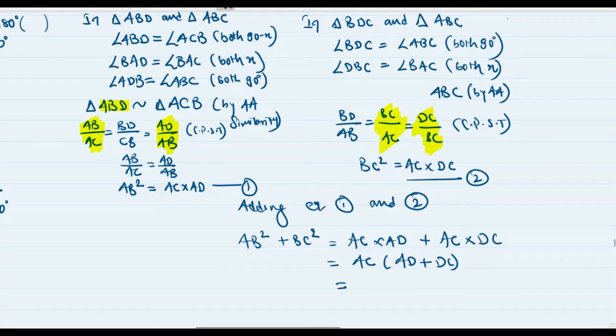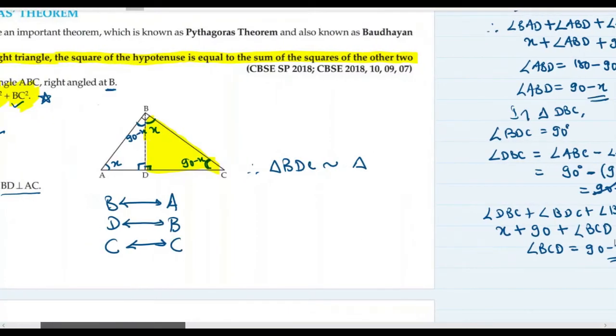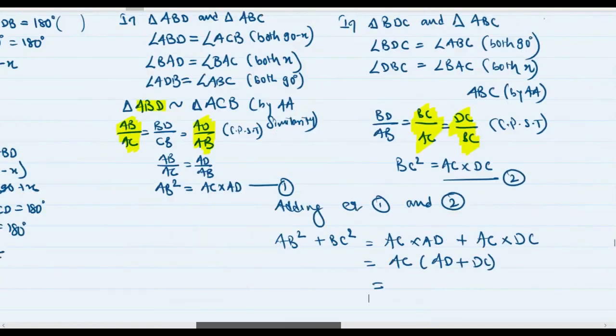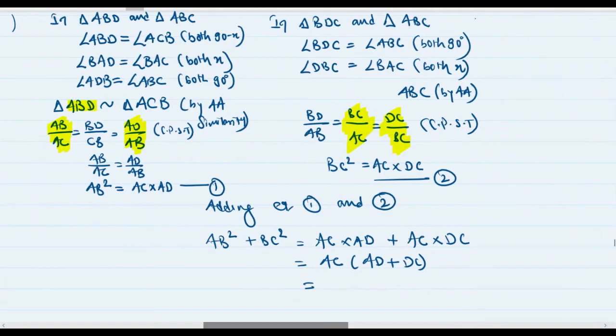Now in the figure, what is AD plus DC? AD plus DC is AC. So this will be AC multiplied by AC, which is AC square. So AB square plus BC square is equal to AC square.